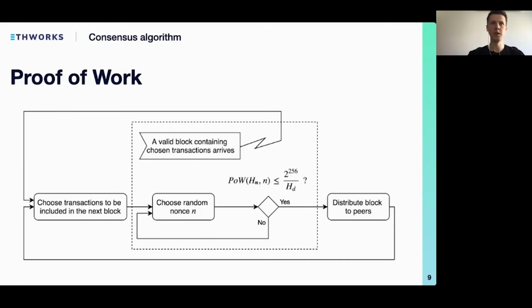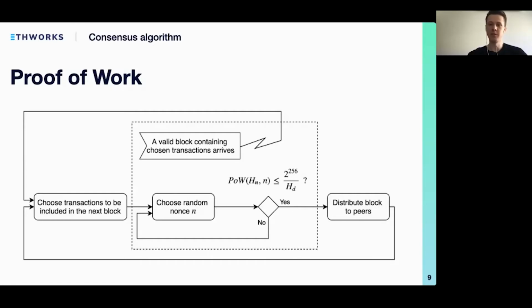This problem is about calculating a hash function that has a number of zeros at the beginning. What does it mean? I mentioned that a hash function is one way. It's hard to get the input that produces an output that you would like to see. Therefore, in order to get an output that has many zeros at the beginning, you essentially need to play a game of trial and error.